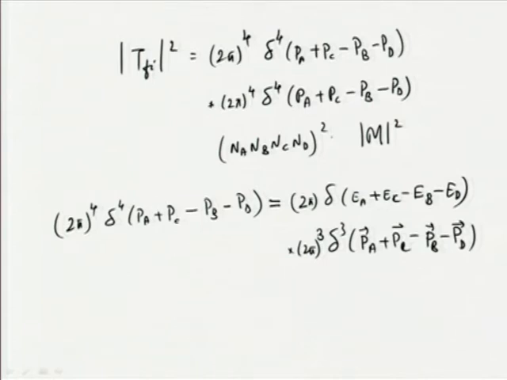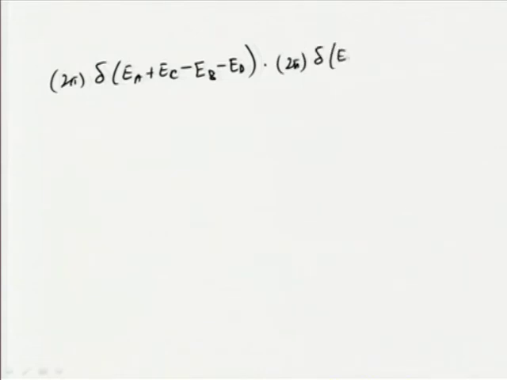So, when I have two such delta^4s, I have one part 2 pi delta(E_a + E_c - E_b - E_d), into the same thing, 2 pi delta(E_a + E_c - E_b - E_d).